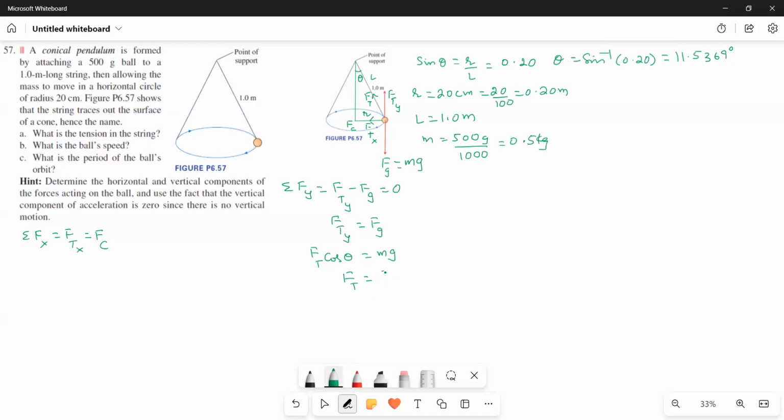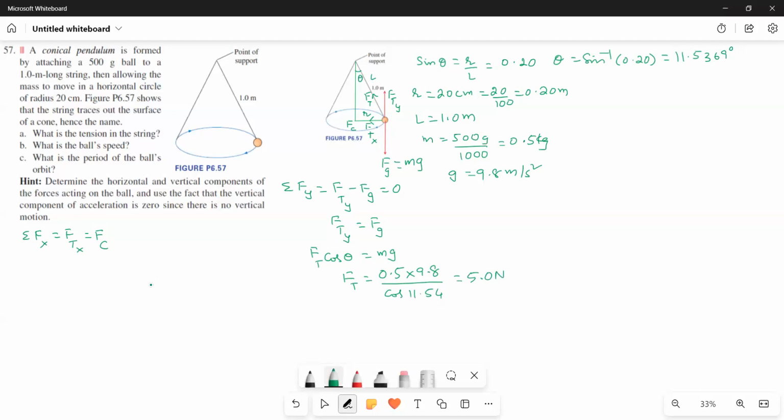And g is equal to 9.8 meters per second squared, or newtons per kilogram. So this is equal to 0.5 times 9.8 divided by cos 11.54. That gives a value of 5 newtons.